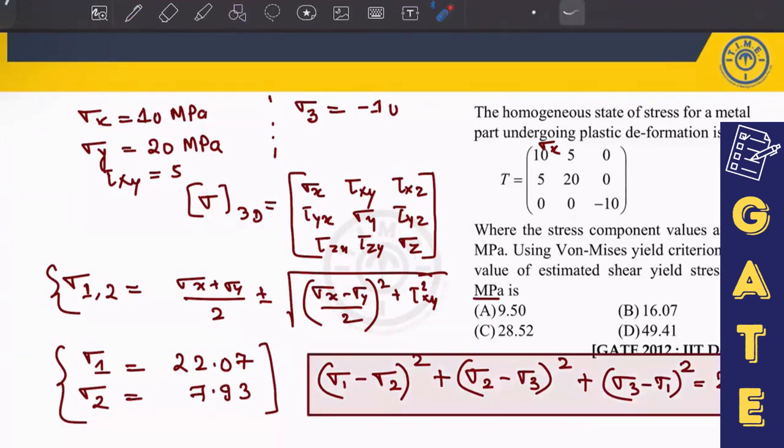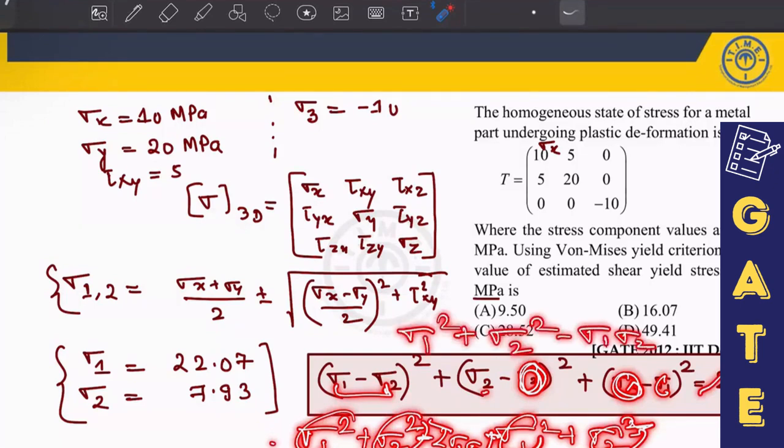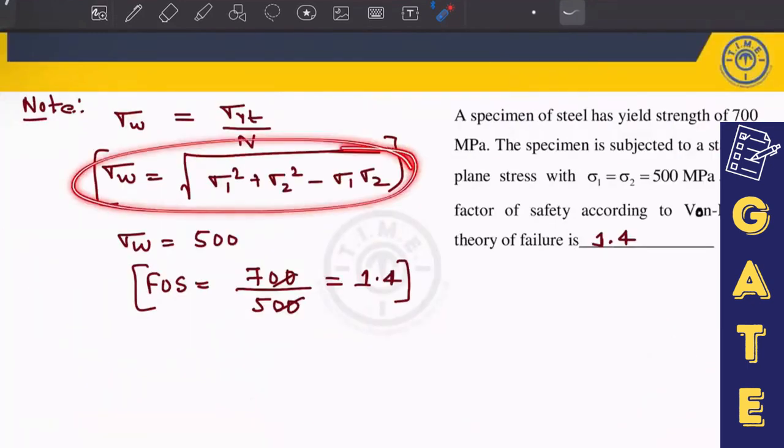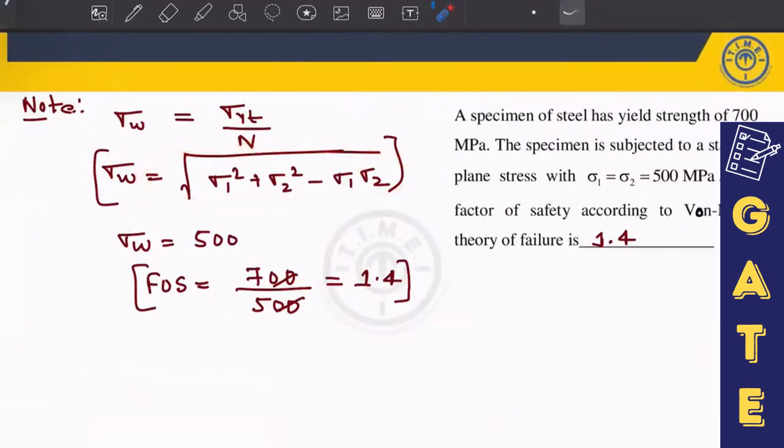If sigma 3 is 0, you will get sigma 1 square plus sigma 2 square minus 2 sigma 1 sigma 2, and so on. Sigma 1 square and sigma 1 square will become 2, similarly for sigma 2, so you take this 2 common and it will be cancelled out. Again you will get the same result, sigma 1 square plus sigma 2 square minus sigma 1 sigma 2, which we have considered in this case. So this is for the 3D state of stress and this is for the 2D state of stress.